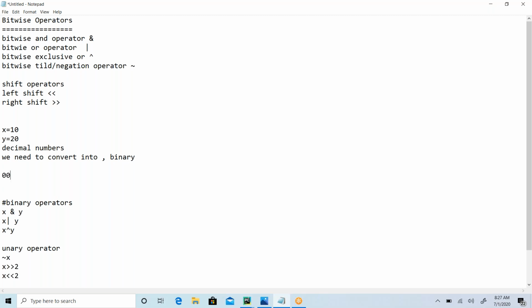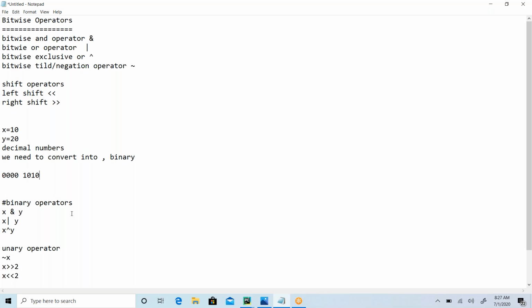What is the value of 10? It will be 1010, and all remaining cells we fill up with zeros. If you convert this 1010 into decimal, you will get 10. In a similar way, 20 also you have to write.